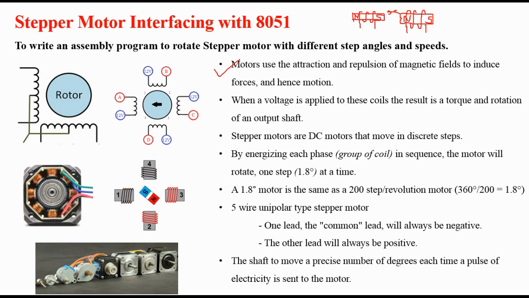As per the direction of current, the poles will get changed. Now here there is N and S. If you alter the direction of current, then the poles will get interchanged, meaning here there will be S and here there will be N. In this way you can use this mechanism to attract or to repel the magnets.